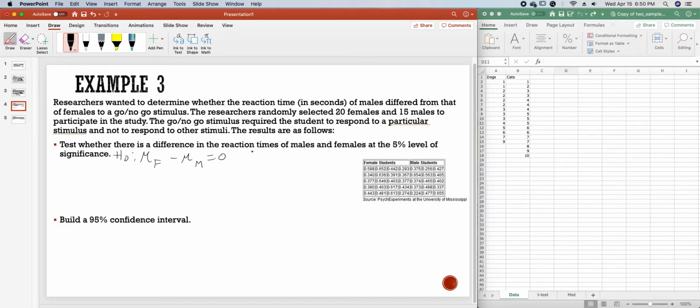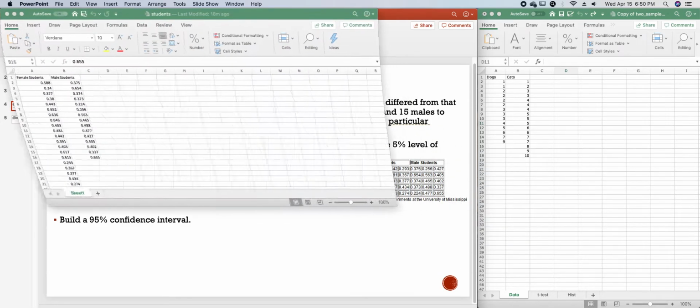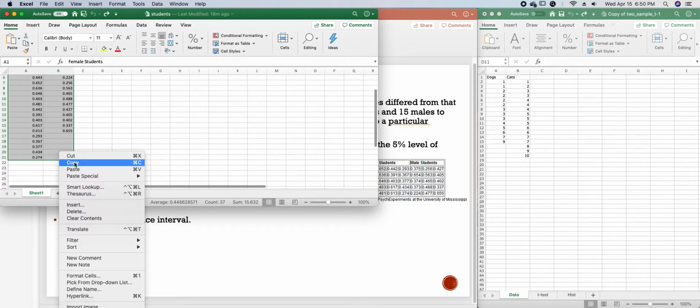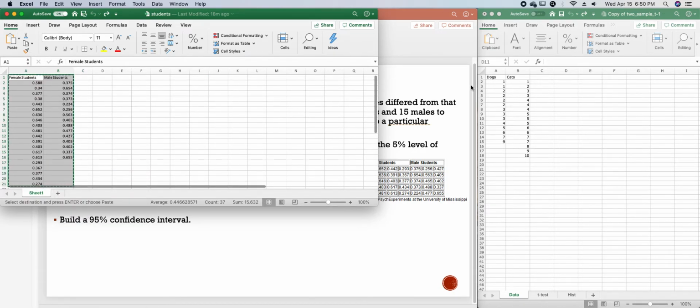And the alternative is that the mean of the males and the females are different. So they are not equal. So that would be this data set here, which I'm going to put into our template that I have over here.